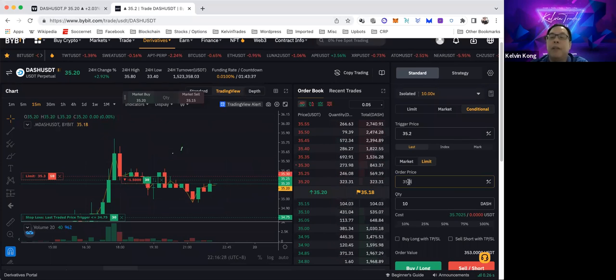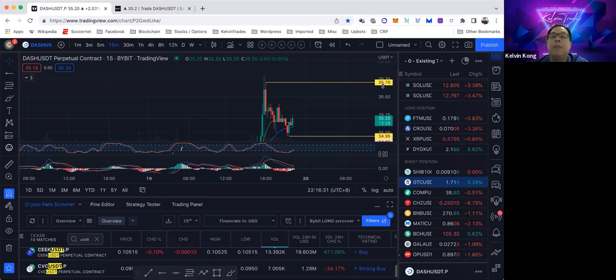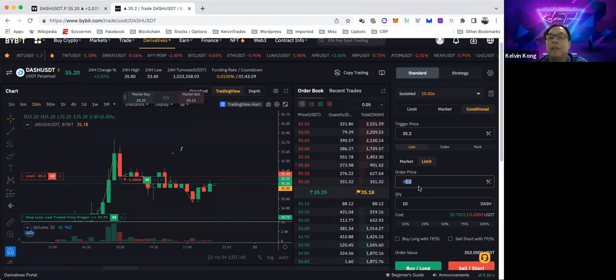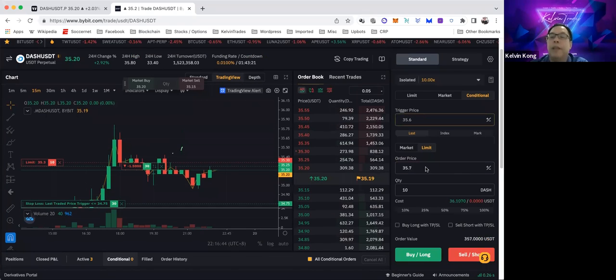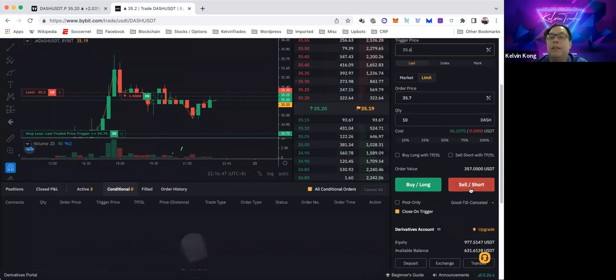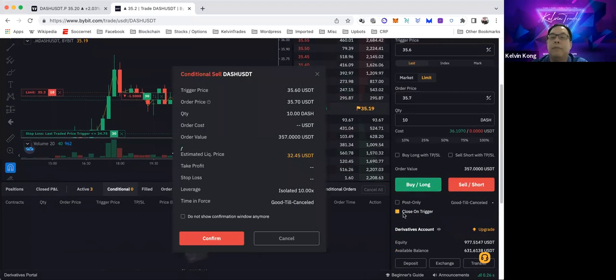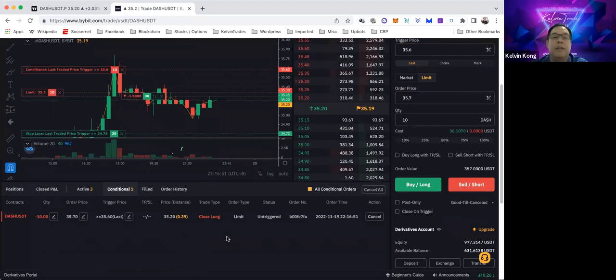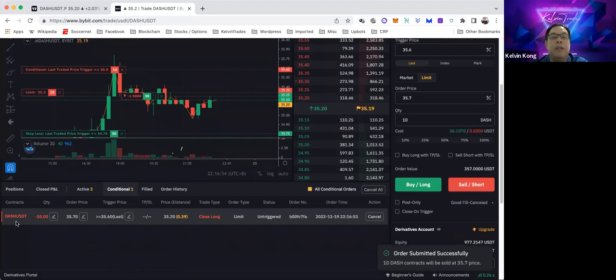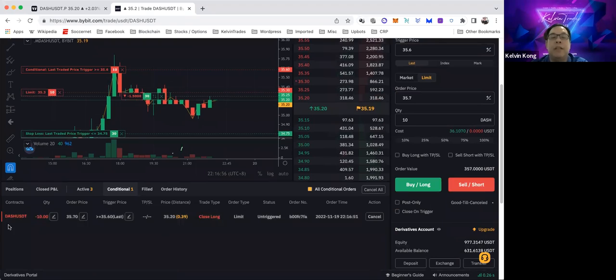So my order price is 35.7, trigger price 35.6, quantity 10. Sell. Remember, close on trigger. So my conditional order is in. This is TP1. You can see over here, TP1.